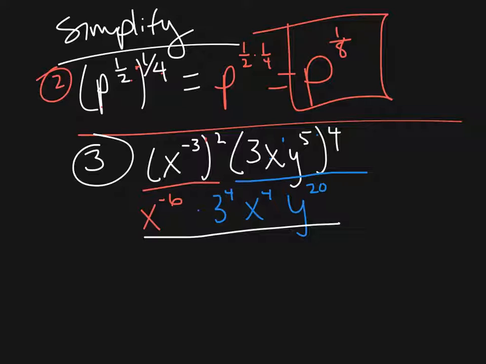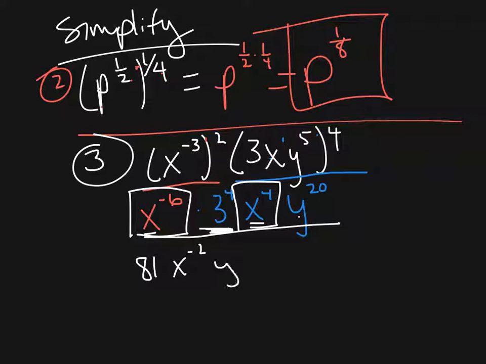I can see that I don't have any other constants to multiply by, so I just want to think about 3 to the 4th, and 3 to the 4th is 81. X to the -6 and x to the 4th is going to be x to the -2, because we add those exponents when we're multiplying the same base. Y doesn't have a base to go with, so it's just y to the 20th.